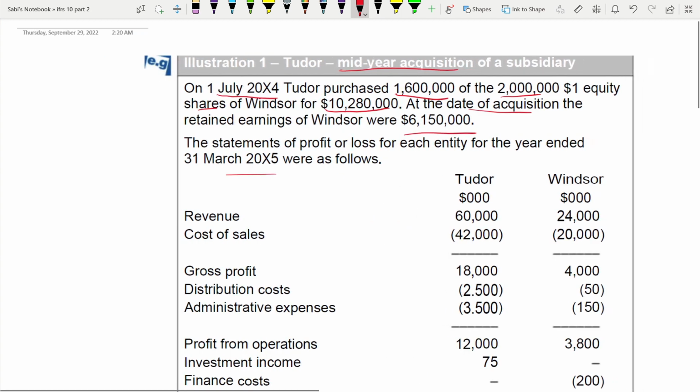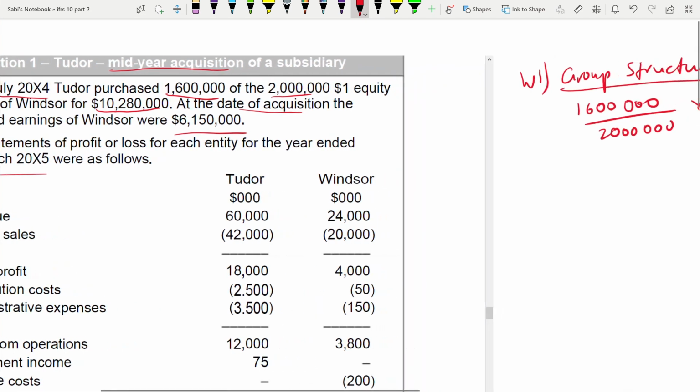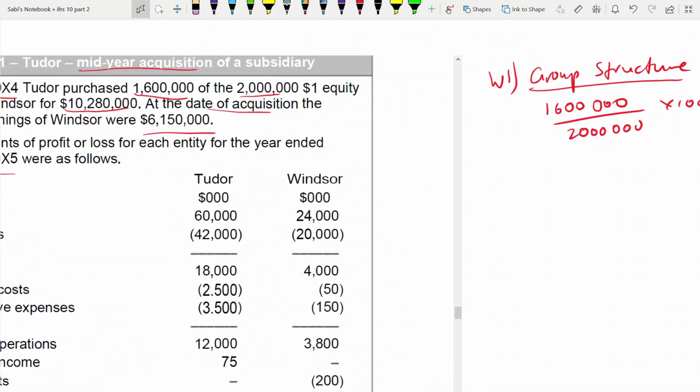The year beginning will be 1st of April 2004, so the year is 1st of April 2004 to 31st March 2005, and you have purchased when? 1st of July. So April the whole month, May the whole month, and June the whole month, 3 months after the start you acquired. Okay, so 3 months is pre-acquisition, 9 months is the post-acquisition.